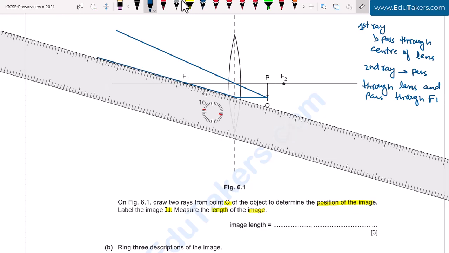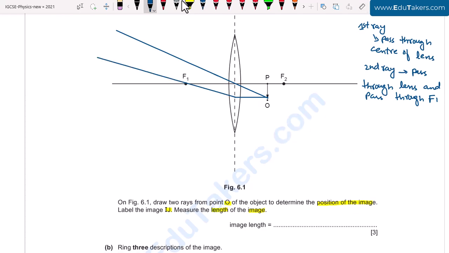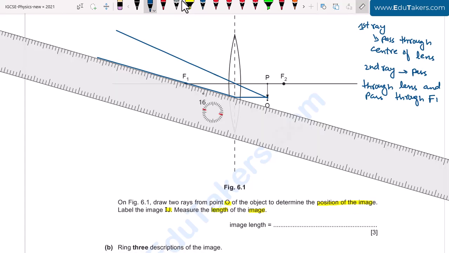The point where they meet is the location of the image, but we can see that the rays are moving apart from each other. These are not meeting at a point. So we extend them in the backward direction to find the location of the image. As it is not a real image because the lines are not meeting at a point, we extend them backward and then the image forms. This kind of image is actually a virtual image.